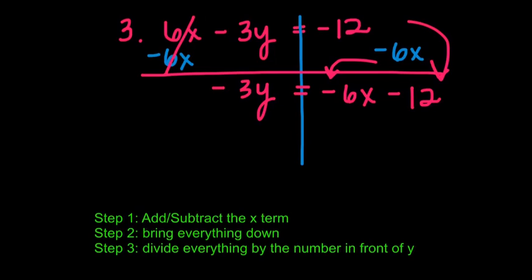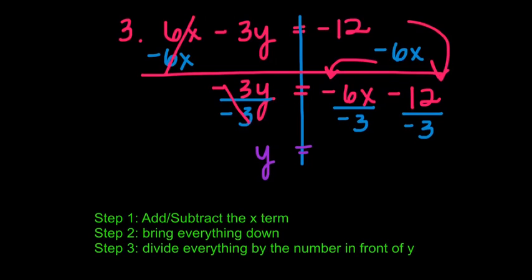Now for the last step where I'm going to divide everything by the number in front of y. So I'm going to divide everything by that negative 3, and again, don't forget to keep that negative sign with it. That is changing a lot here in the problem. So in order to get our final answer here, we have negative 3 divided by negative 3. Obviously, again, that's going to cancel out. So I'm left with y equals, which is the goal.